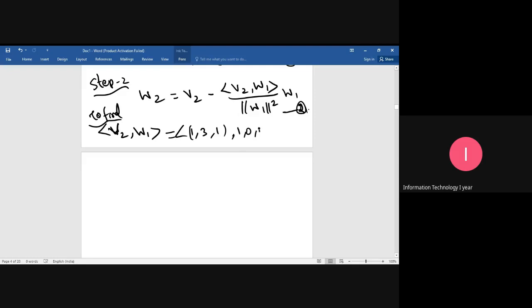Okay, find the inner product of 1, 3, 1 and 1, 0, 1.